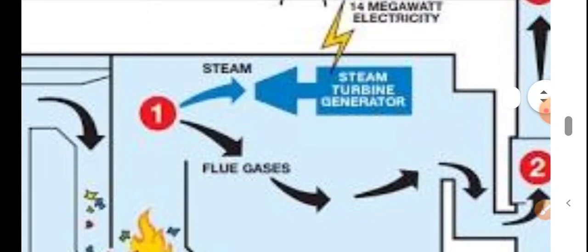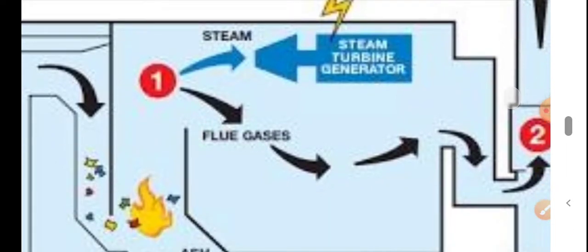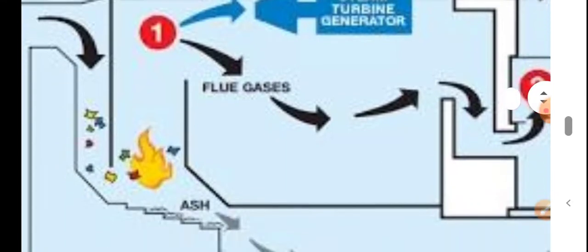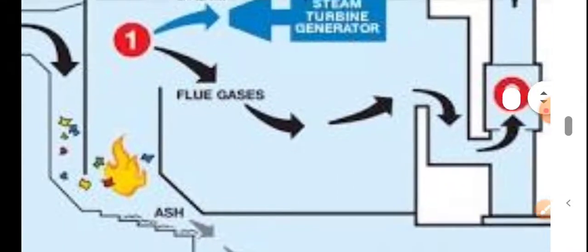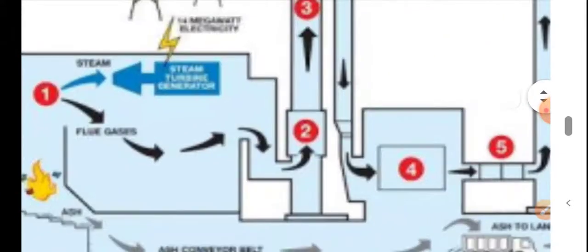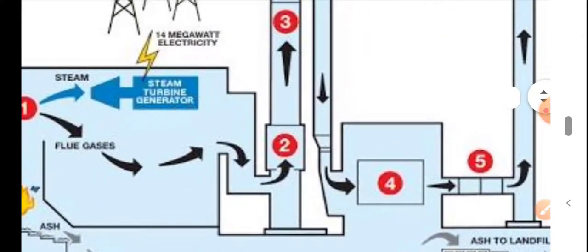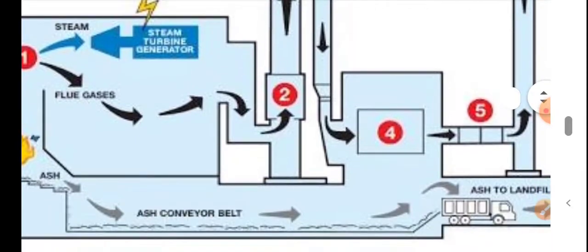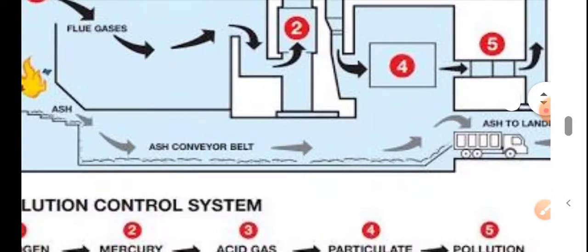Now the flue gases which are separated from the steam are passed through 3-4 other systems, such as in red mark circles 2, 3, 4 and 5. These systems are used for different kinds of purposes.